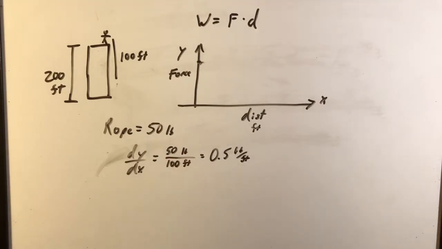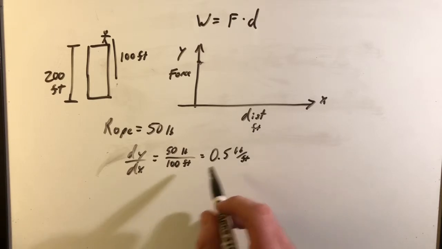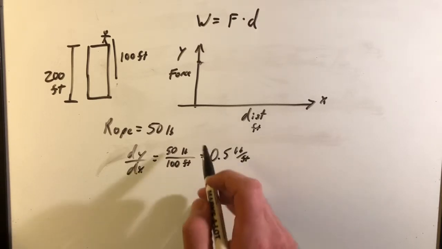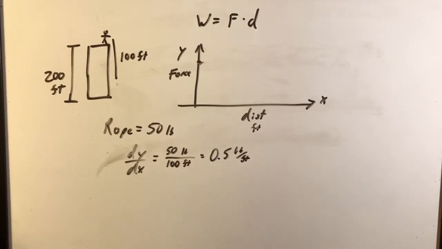Instead of giving you a total mass of the rope, they'll just give you how many pounds per foot it is, or how many kilograms per meter it is, or something like that. If it is in kilograms, remember you have to convert it to a force by multiplying by the acceleration of gravity. But in this case, we're already in pounds.